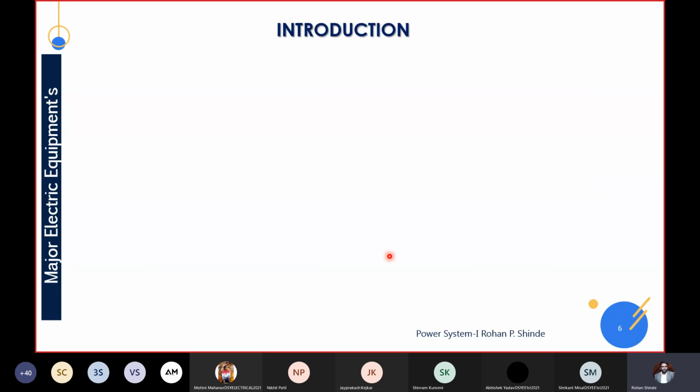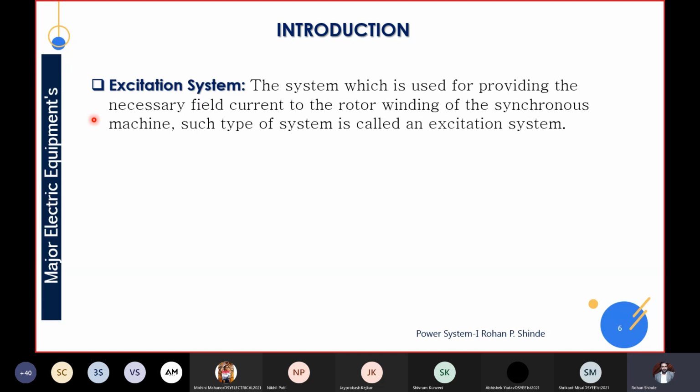This alternator requires some excitation system, which is used for providing the necessary field current to the rotor winding.